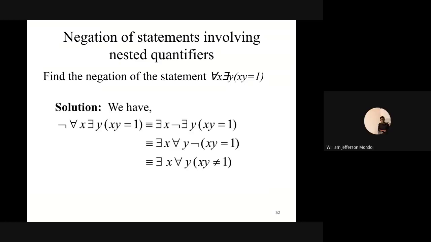Ma'am, it's going to be true. We are switching the position of the quantifier. Now it's saying that at least one x, for all y, xy equals to 1. That is, there exists at least one negative real number x such that for that x, all negative real numbers multiplied with it will give you 1.